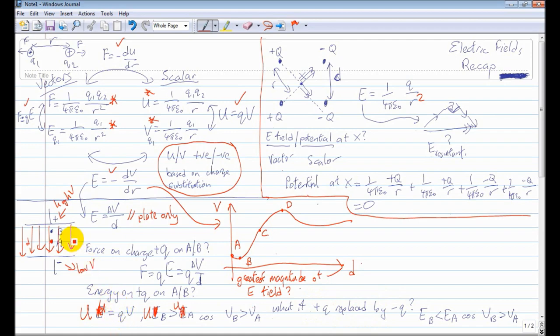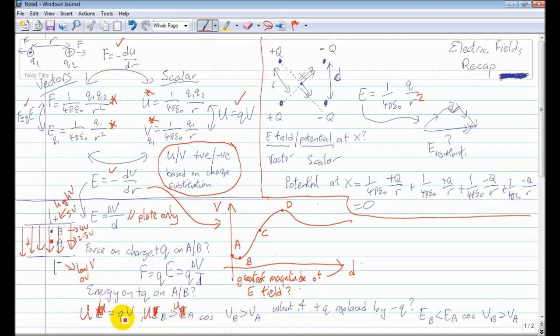So let's sub in some values. Let's say this is 5 volts and this is 0 volts. So let's say B is maybe 4 volts and A is 2.5 volts, somewhere in the middle. If Q is 1 coulomb, the energy at B will be 4 joules and the energy at A will be 2.5 joules. That's why UB is greater than UA, because VB is greater than VA.